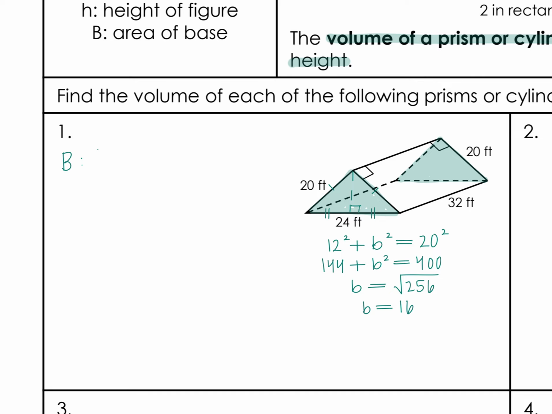So plugging in, we'll have our 1/2, our base, which is the 24, times my height of 16. So I'm going to take half of 16 to get 8, and then 8 times that 24 is going to give me 192.